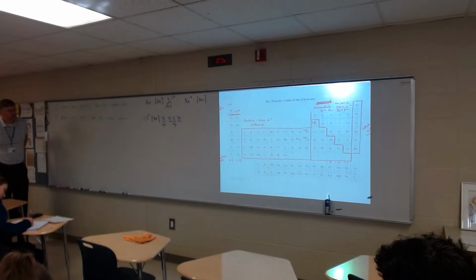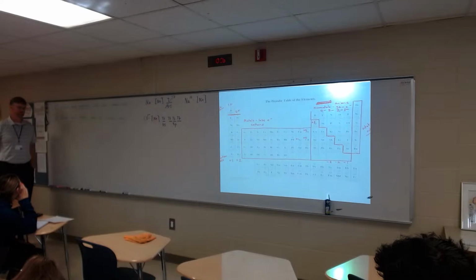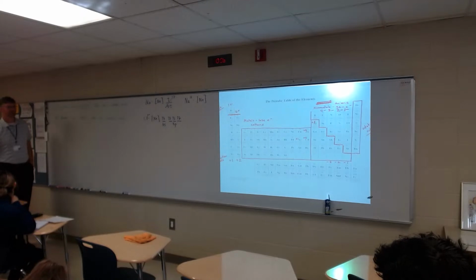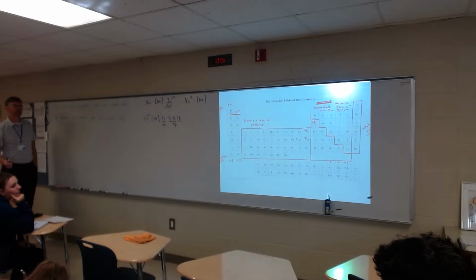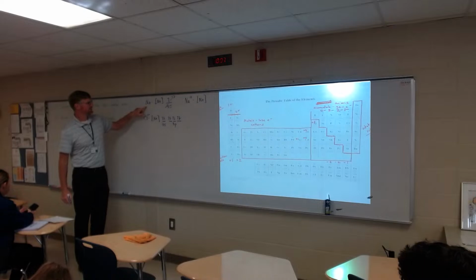So if you're losing one electron, why is it 1+? Because you lost a negative thing. It's minus and minus. Minus and minus is a plus, right? Think of it another way. This has 11 protons and 11 electrons.